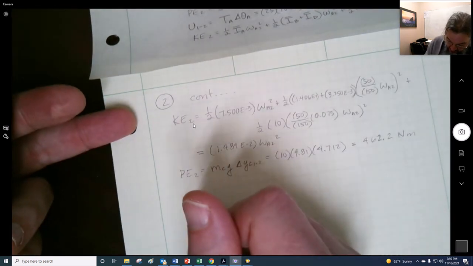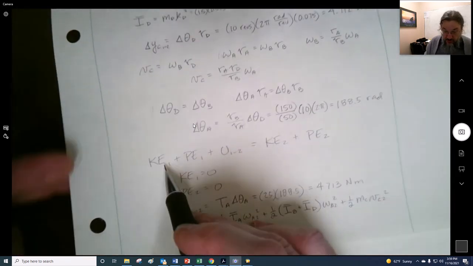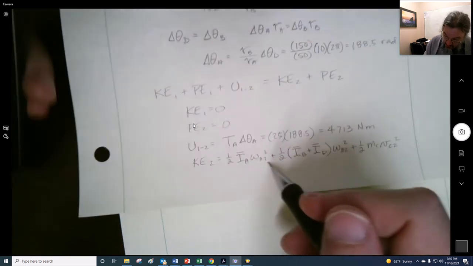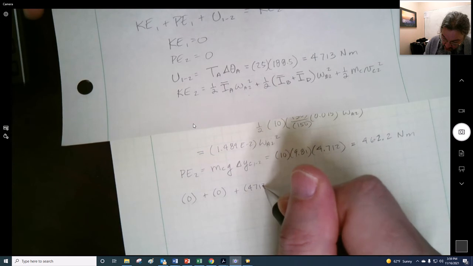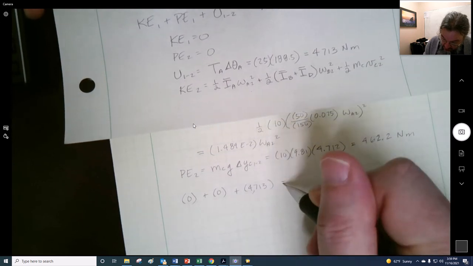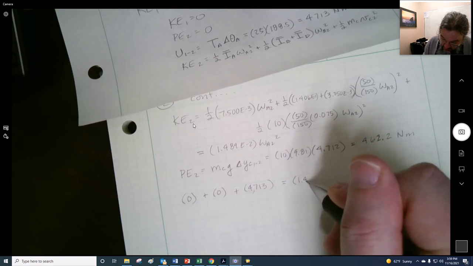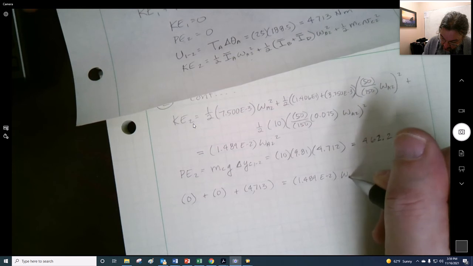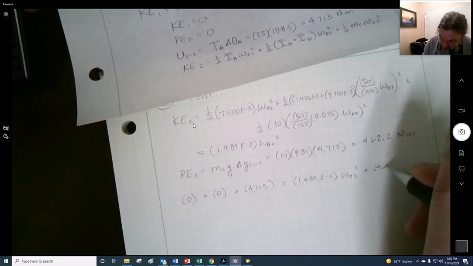So that doesn't really do as much as this input here. So the input's going to connect for the kinetic energy. So we put these in for what we know inside here. And 4713 seems like a lot. Maybe I should have made the torque less. Whatever. And then go 1.489 E minus 2 omega A2 squared plus 462.2.